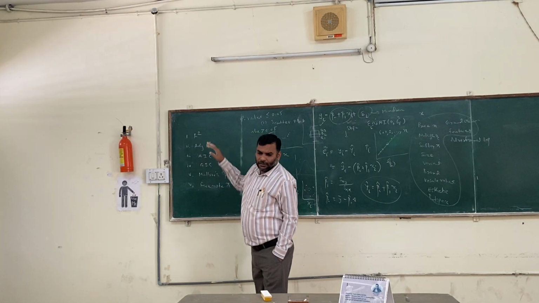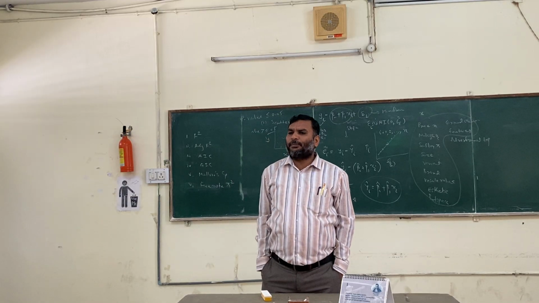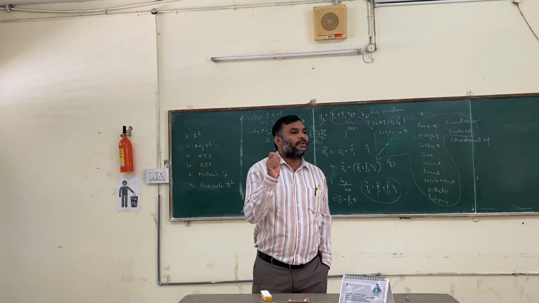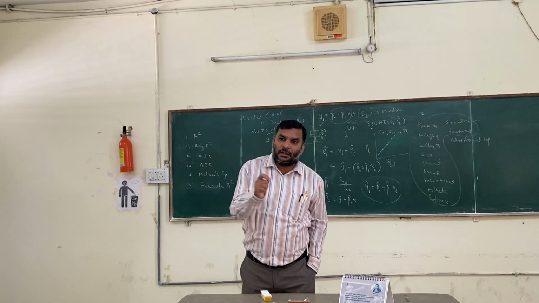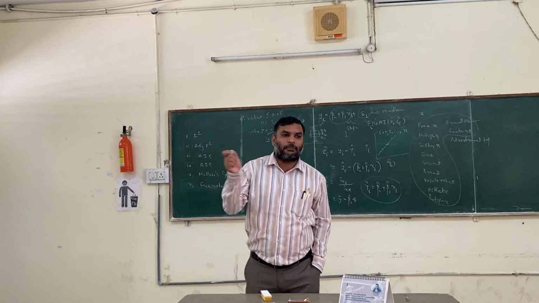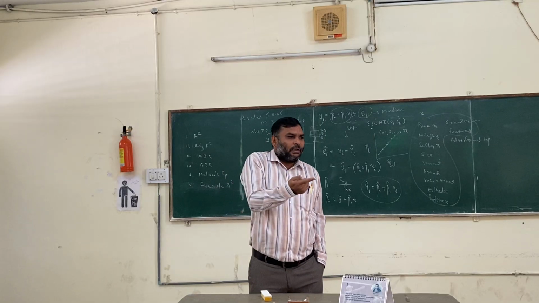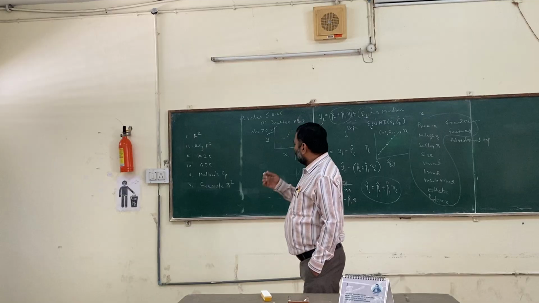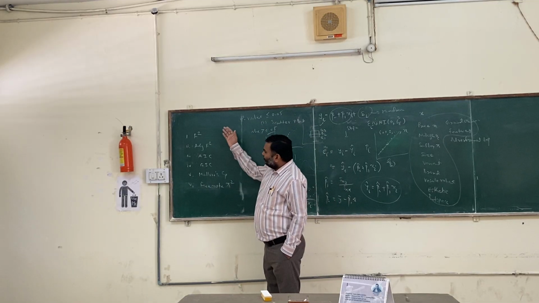Now what is the R square? R square is the square of the multiple correlation coefficient. It is also known as the coefficient of determination. It explains the percentage of total variance of y explained by the regression. If you have more than one regressor, then we call it multiple regression. Right now we are talking about simple linear regression, so we will go with that.